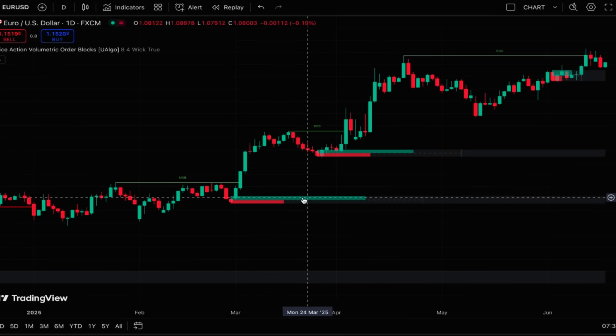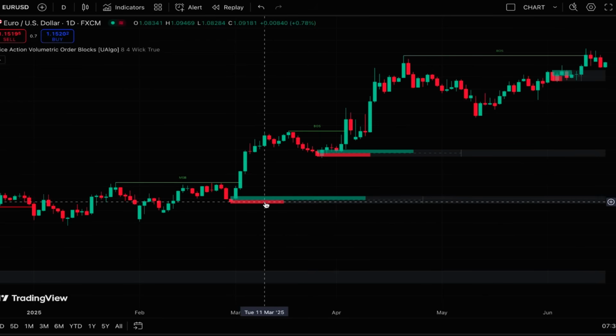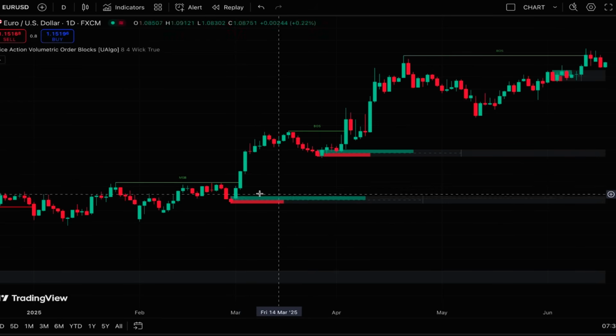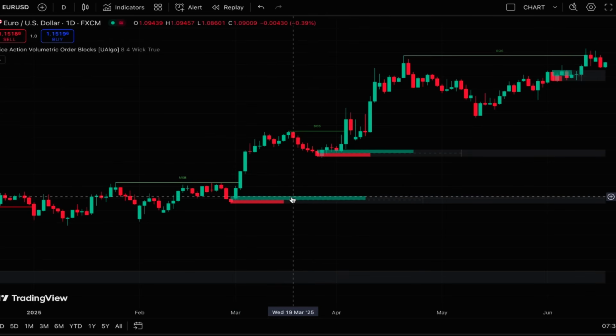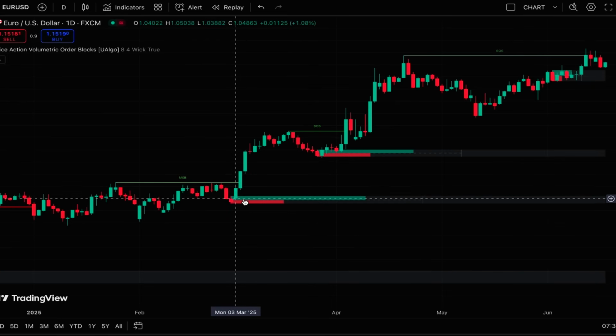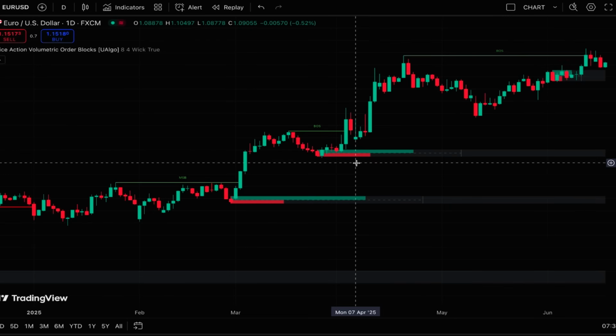The green bar shows buying volume and the red bar shows selling volume. For example, for this bullish order block, you can see that we have considerably higher buying volume. So here the buying pressure is really significant in this price range. This shows that here in this price range, lots of buy orders are executed. By comparing the green and red bars, you can have an evaluation of their measure compared to each other.